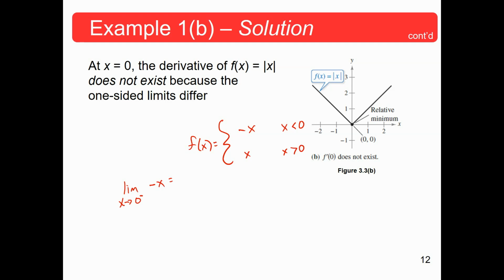What do we get? Well, we're coming from the left. So the limit from the left, which means we're talking about the negative region, negative x equals, so 0, negative is positive 0.